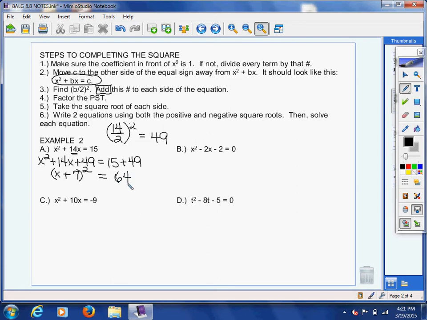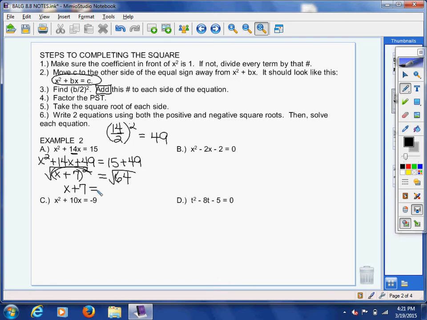Now, to undo a square, this is step 5 now, take the square root of each side, just like this. That's how you undo a square. Remember, a square and a square root cancel each other out. And that's just going to leave us with x plus 7 is equal to, now the square root of 64, there are actually 2 numbers that will give us 64.